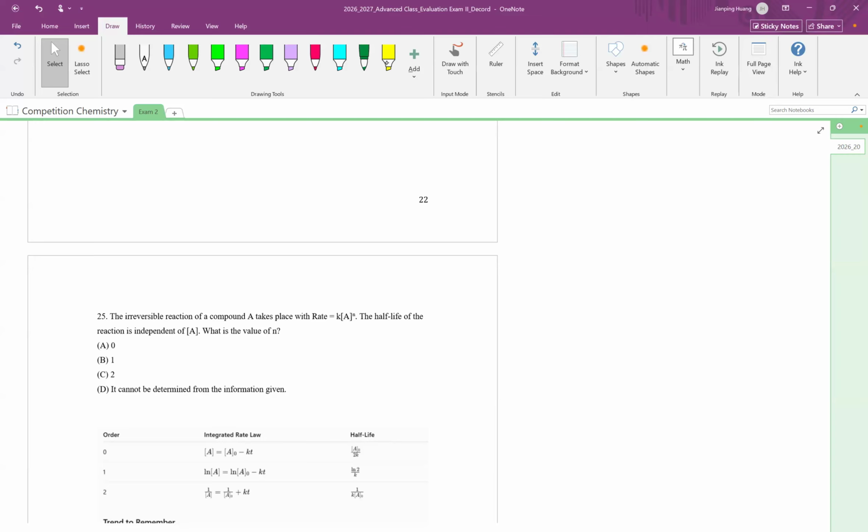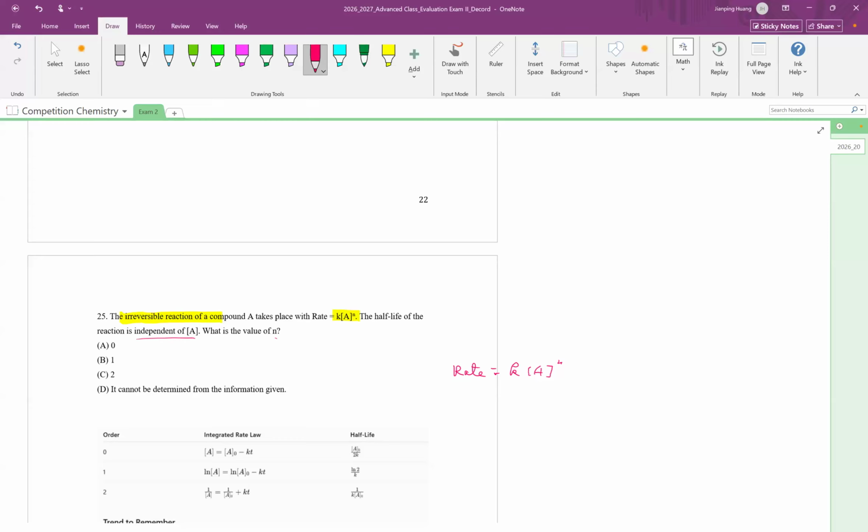Right? So they said an irreversible reaction A takes place, that's the rate law. The rate equals K A to the N. And the half-life is independent of A, what's the N?